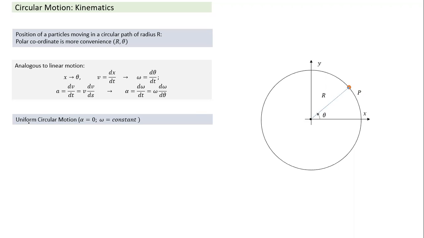So in case of uniform circular motion, alpha, angular acceleration, is 0. It means object is moving with a constant angular velocity. So let's first try to understand uniform circular motion. And second thing is uniformly accelerated circular motion. What is uniform circular motion? Omega is constant, uniform velocity.